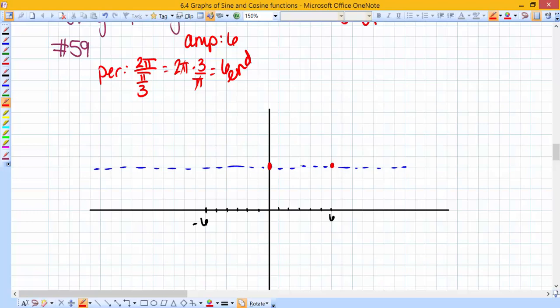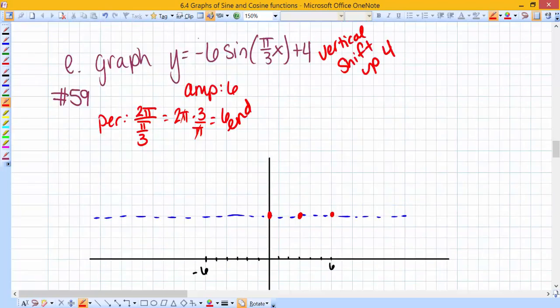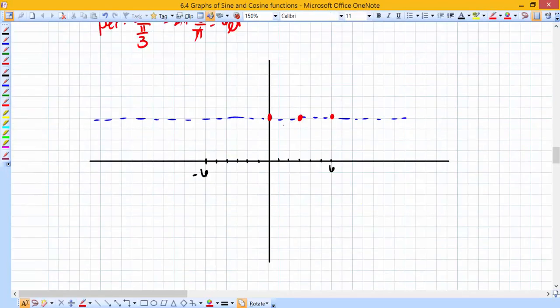Then I find the middle. Then it's the middle of the middles to graph your amplitude. So this is where you need to be careful. You don't go to 6. You go up 6 from the midline and down 6 from the midline. And I have a negative in front, so that means we have to go down first.